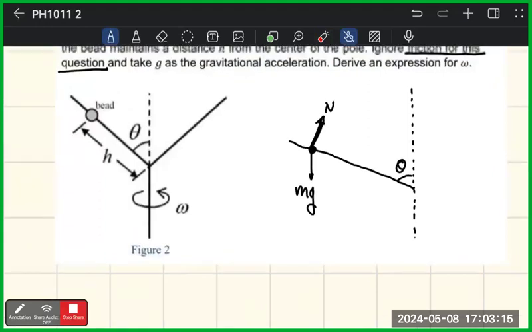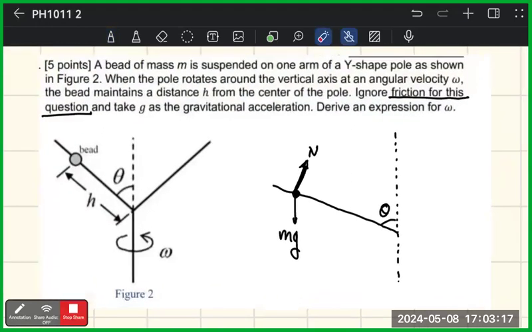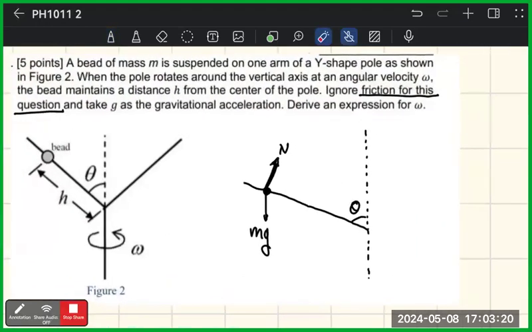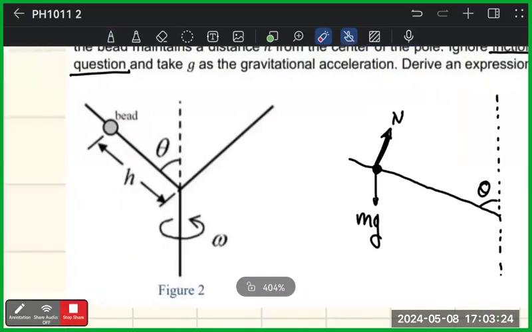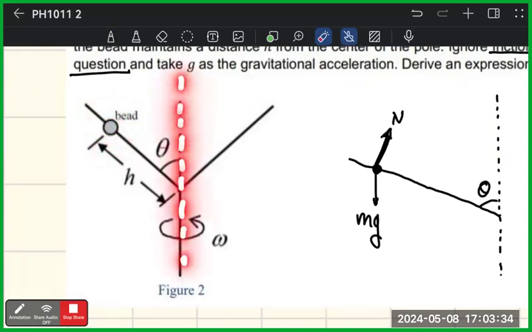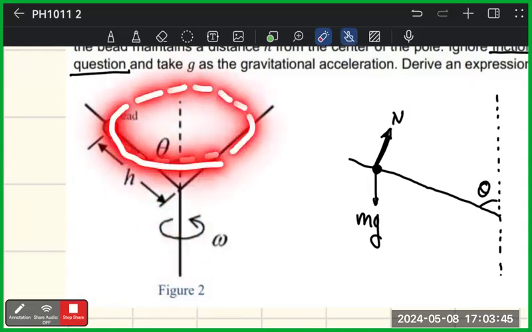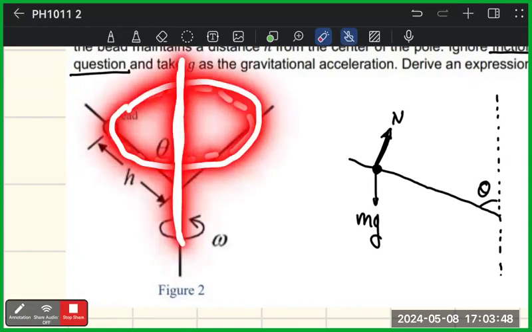The first thing when you see circular motion is that you have to define where the circular motion is. What do I mean by defining it? Where is this point rotating to? It's rotating around this axis. So the radius of the motion is not this, but it's this. How come? Because if you imagine, it's rotating this way, around this axis.